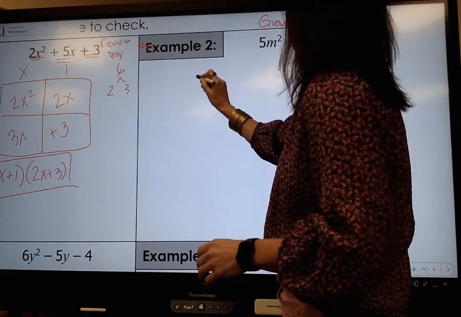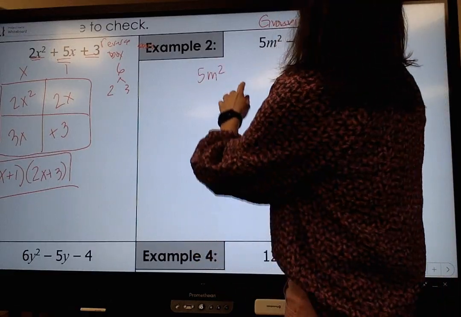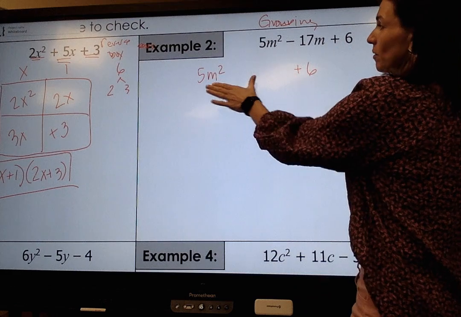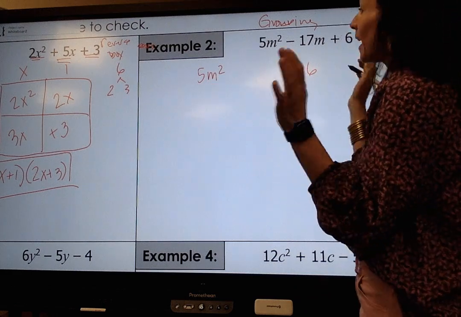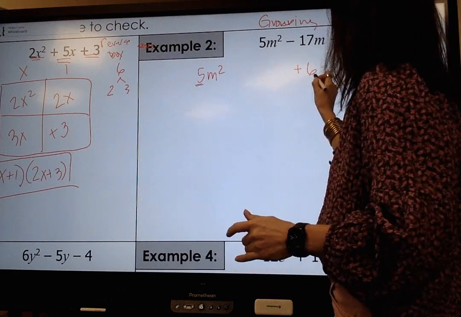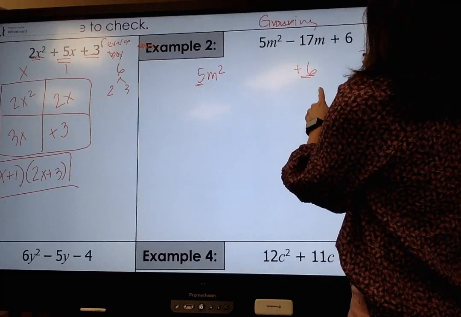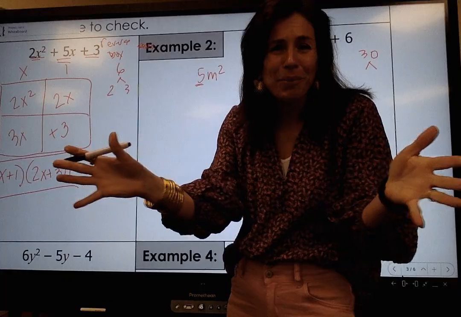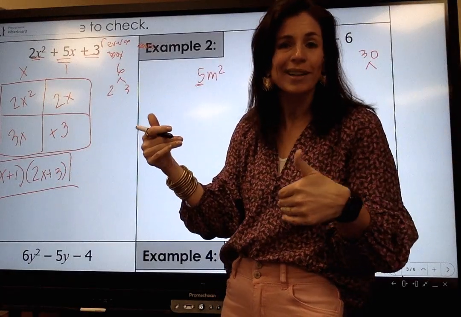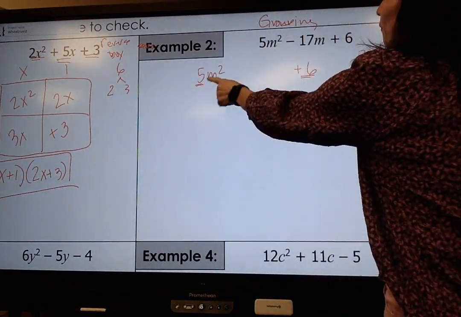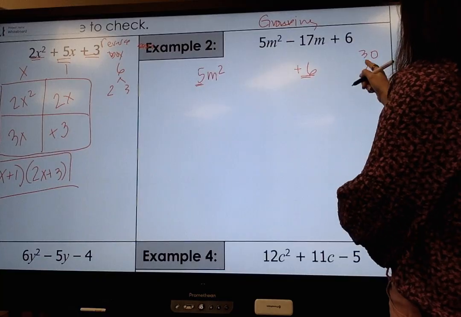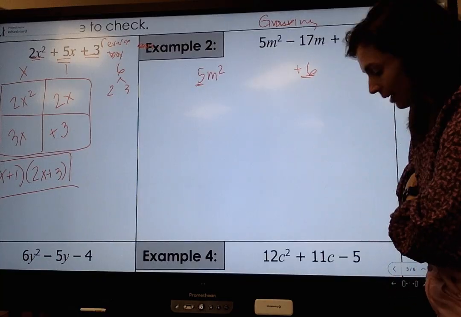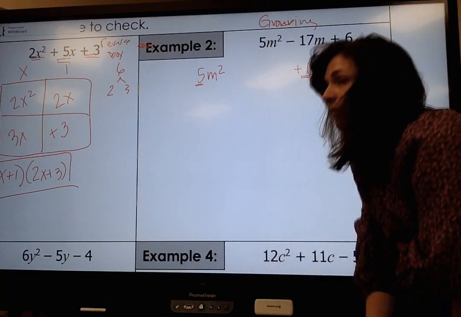My first term doesn't change, and my last term doesn't change. And I still have to multiply 5 times 6. 5 times 6 is 30. And again, finding that magic number in those numbers, that's the hardest part. Once you find that, it's golden. It's no big deal. Two numbers multiply together to give me 30 and combine together to give me a negative 17.